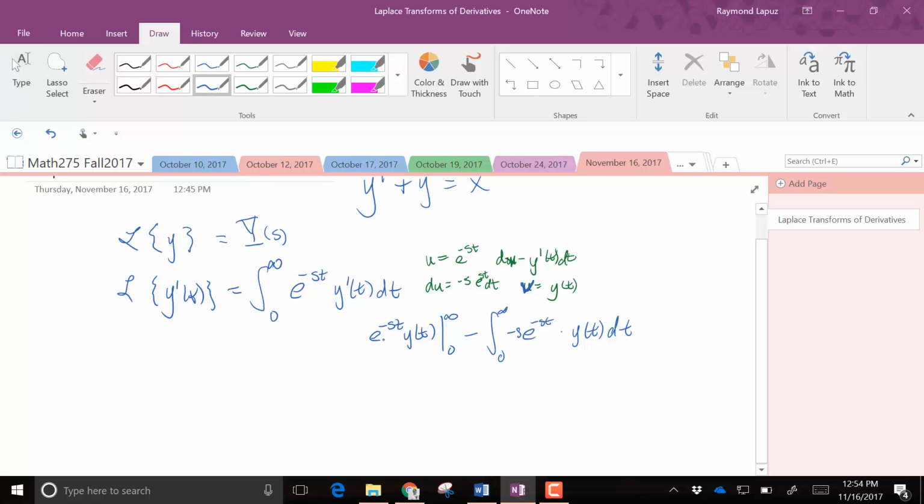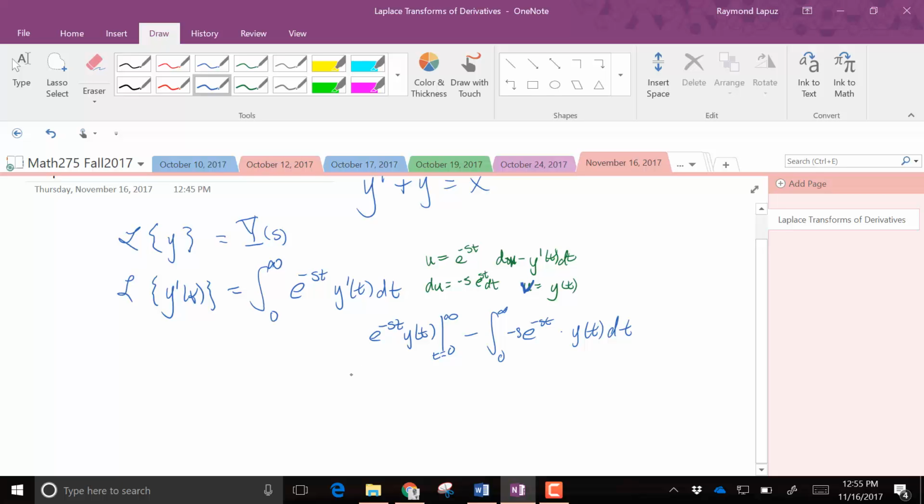So we have e to the st in the denominator, and as t goes to infinity, y of t, it doesn't matter what that's going to be because it's going to go to 0. So it's just a matter of putting 0 in here.